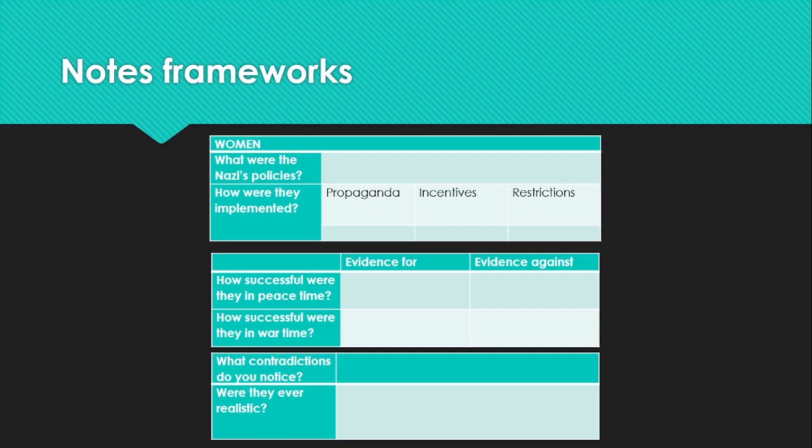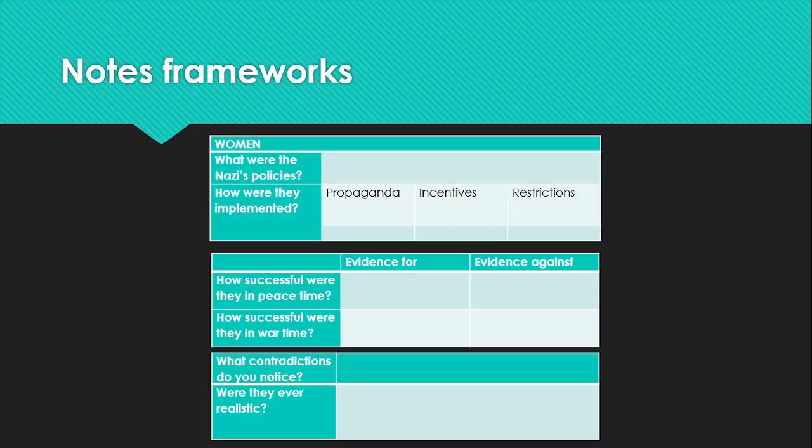First of all, my framework provides you with an outline of the policies. The focus on how they were implemented, propaganda, incentives and restrictions, will help you begin to address whether they were successful or not. For example, incentives would be more likely to be well received, but not restrictions.